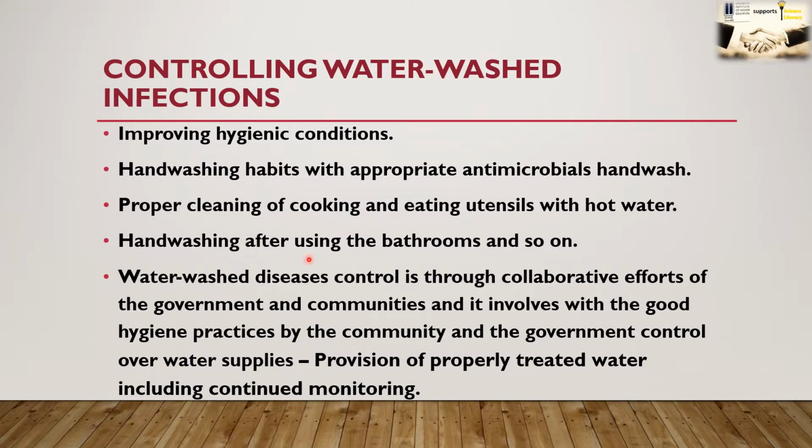Hand washing after using the bathroom and so on is a very important habit. Water-wash disease control is through collaborative efforts of the government and communities, and it involves good hygiene practices by the community and government control over water supplies. Provision of properly treated water includes continued monitoring.